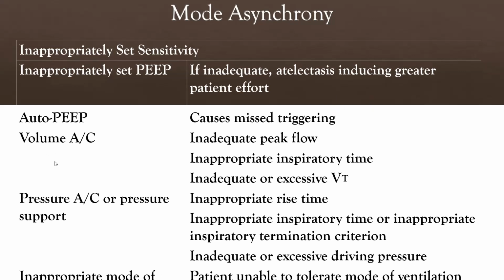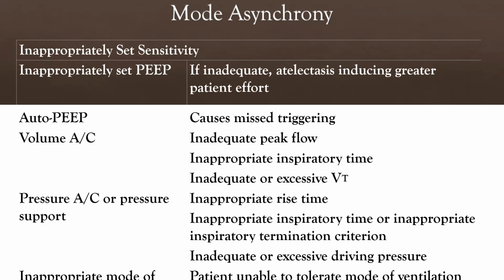All right, let's go down. Problems with auto PEEP. It says causes missed triggering. Do you understand the connection between the two? Come on, guys, it's the last slide, I'm pretty sure. So when you have a lot of air trapping, the ventilator doesn't notice when you're trying to breathe in.